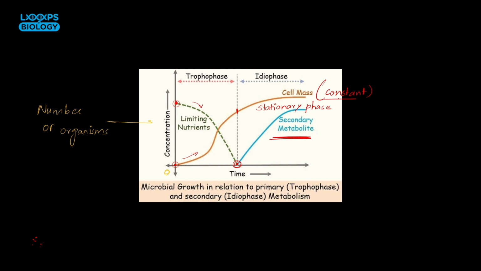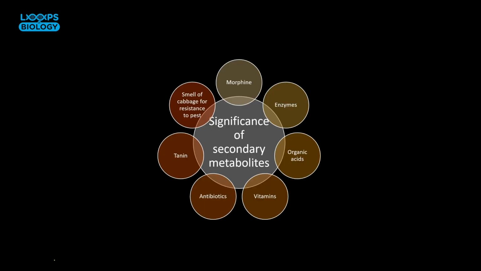And at that constant phase, you are going to see the formation of secondary metabolites, and that is nothing but your idiophase. The growing phase is called trophophase, while the stationary phase is called idiophase. Now, what are the significances of secondary metabolites?